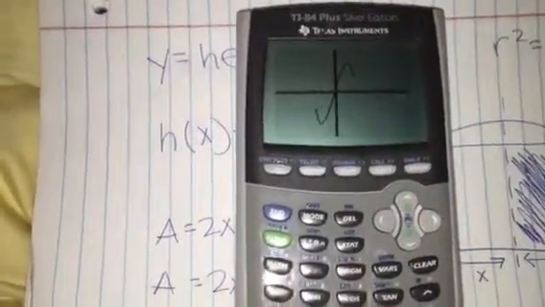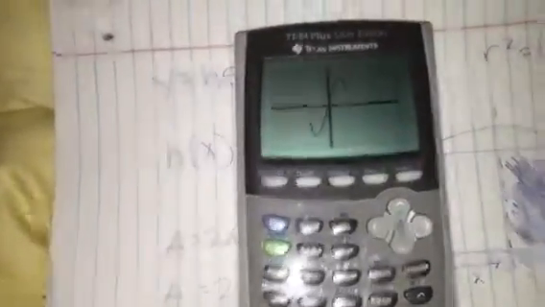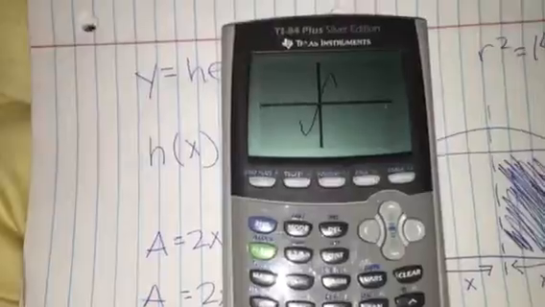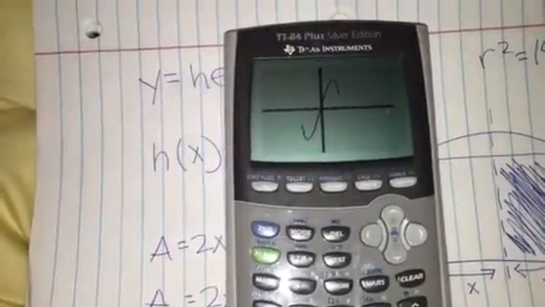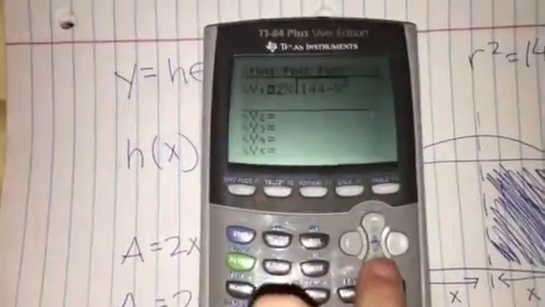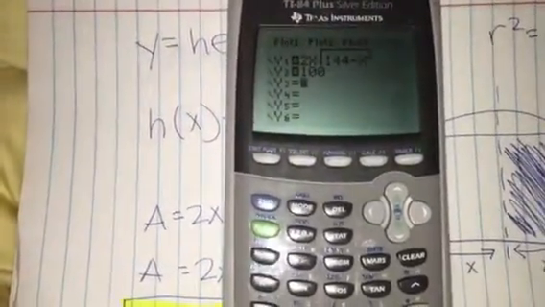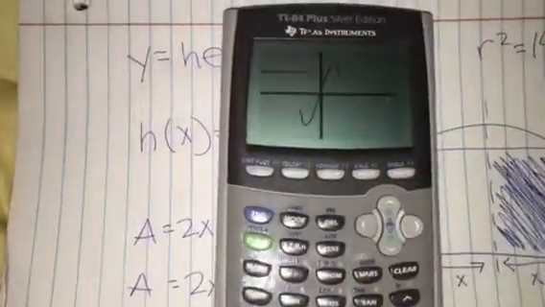Next, number 3 is asking between what values for the height will the area be greater than 100. That means you need to go to your y equals and put in a line at y equals 100. Then you're going to hit graph.